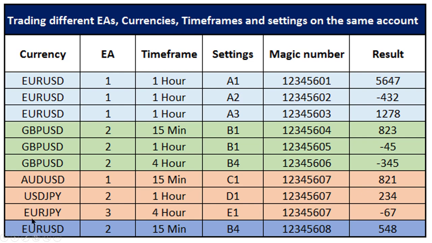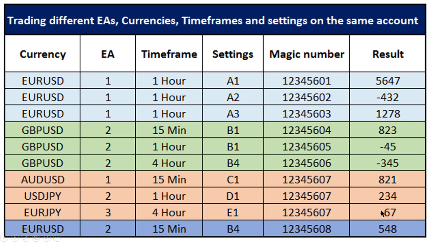But now if we added another currency to this account, and it's the Euro USD, which has been used before, we need a unique magic number so we can get the results uniquely from that particular one. You see, this Euro USD is traded by a different EA than the one above, and that will then give unique results.